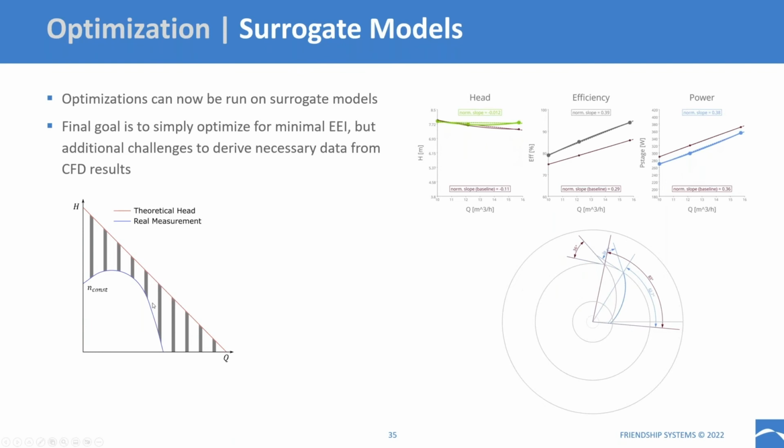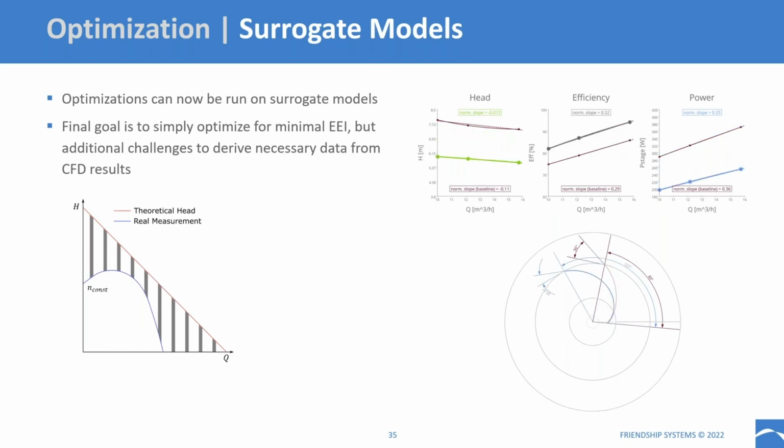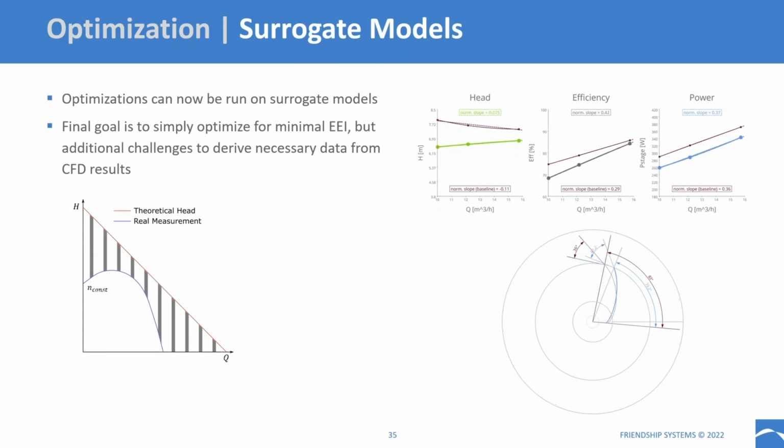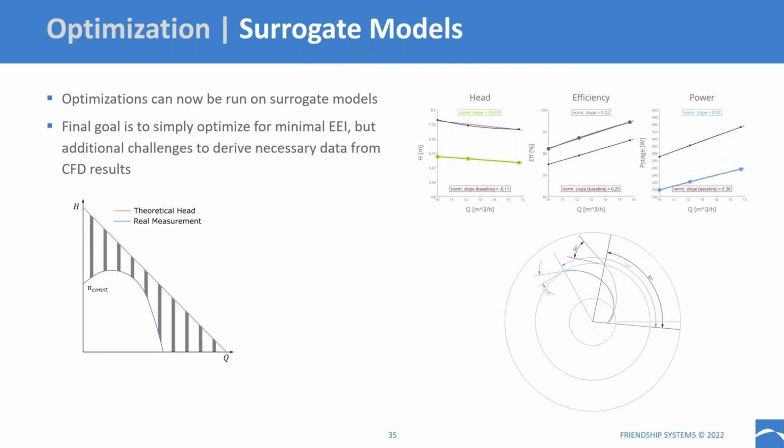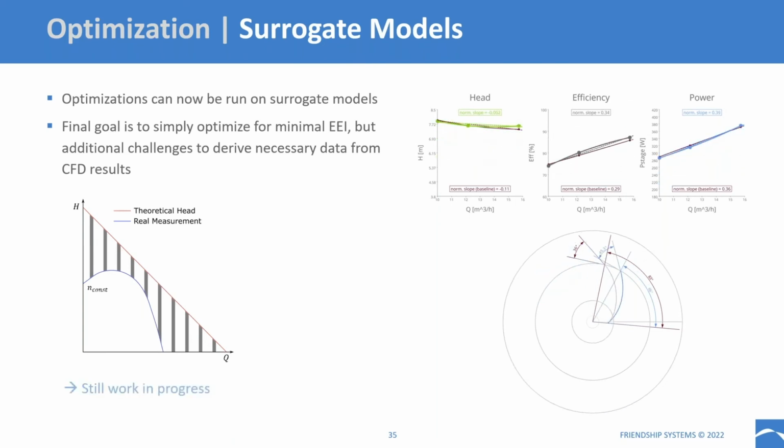There was this kind of difference between calculated and measured curves. We also run the computations at a fixed RPM, and we don't have the curves for different RPMs. So there are different things that need to be done in order to derive this final EEI value from our CFD results. And this is still something we're working on. We're still a work in progress.